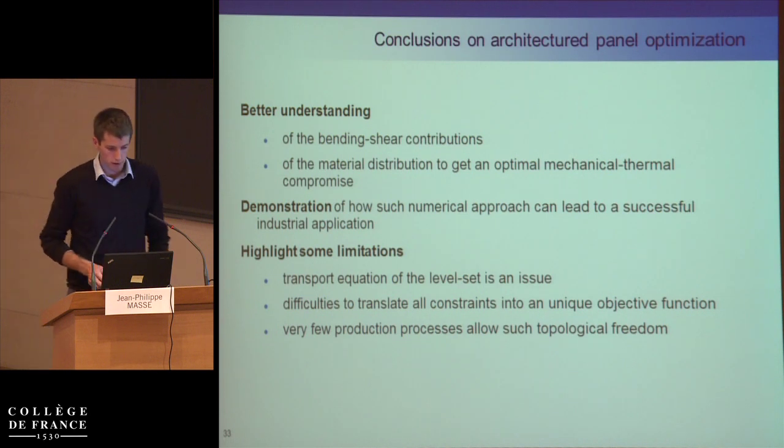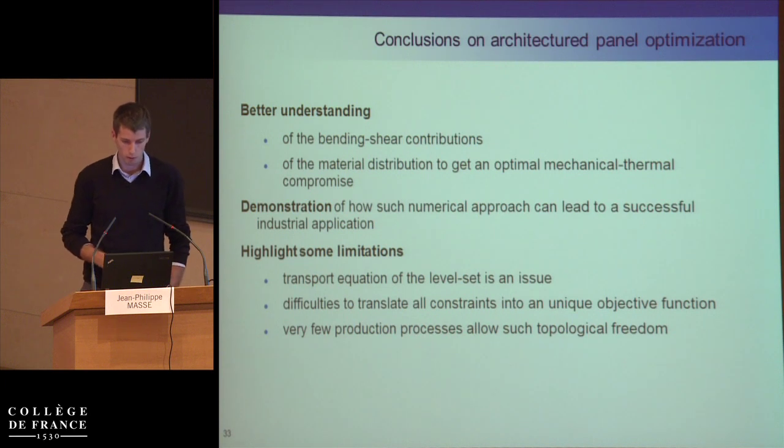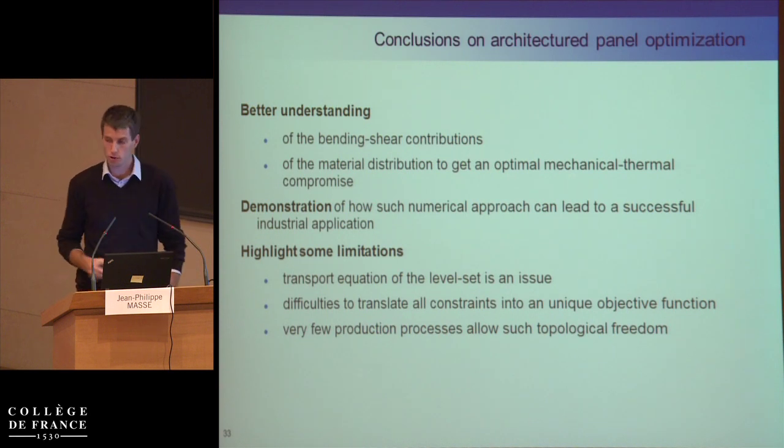So the conclusion of this work is that we have a better understanding of the bending and shear contribution in flexural panels, and how to distribute the materials to get an optimum between mechanical and thermal properties.